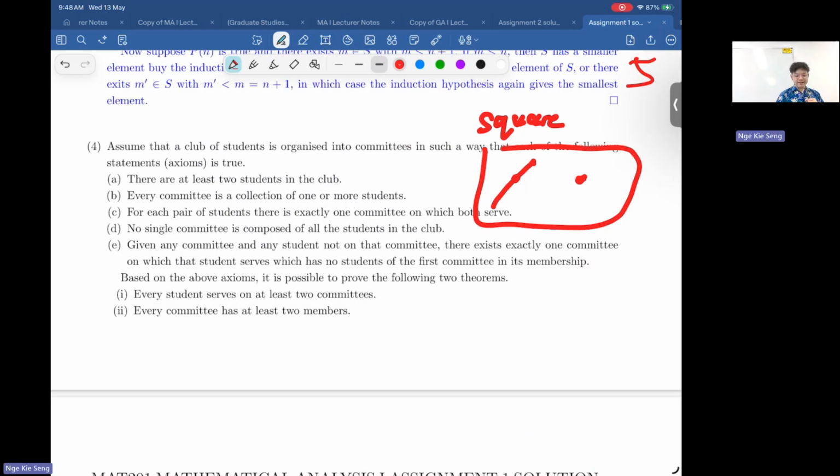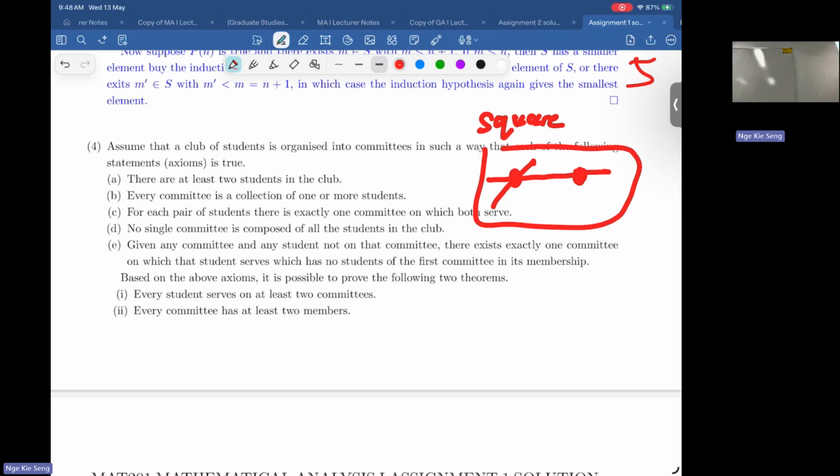For each pair of students, there is exactly 1 committee on which both serve. Meaning, for every 2 points, there will be a line joining them. And no single committee is composed of all the students in the club.